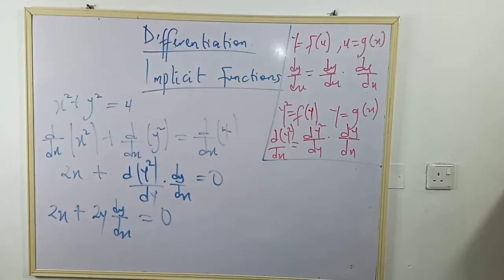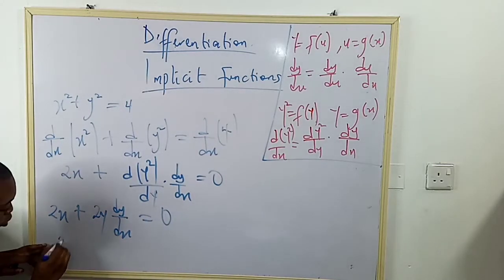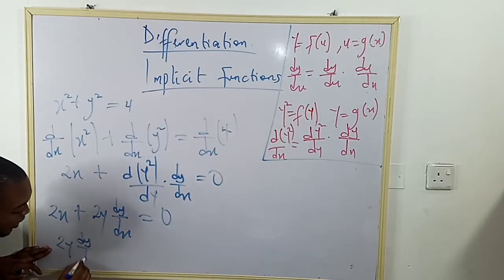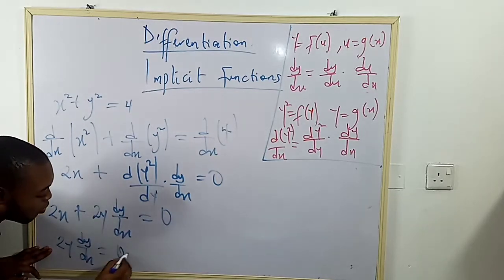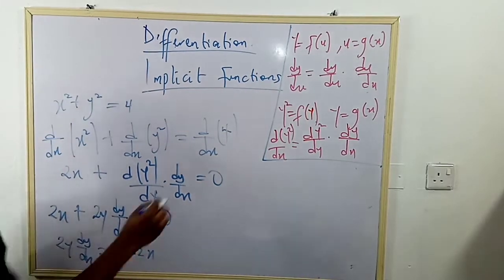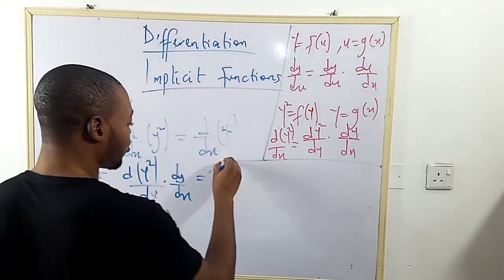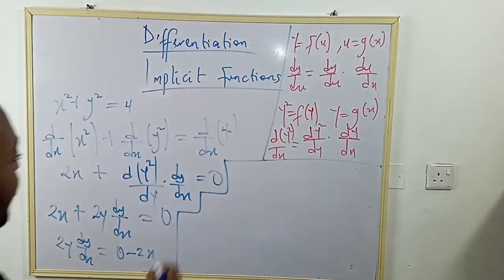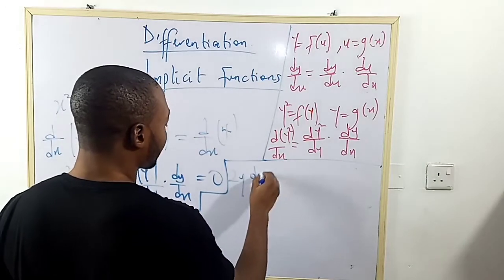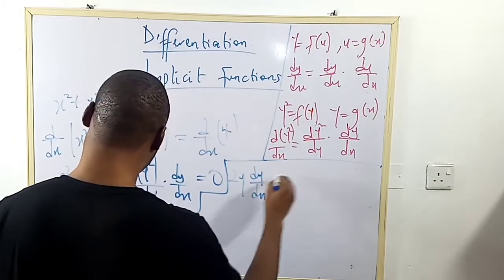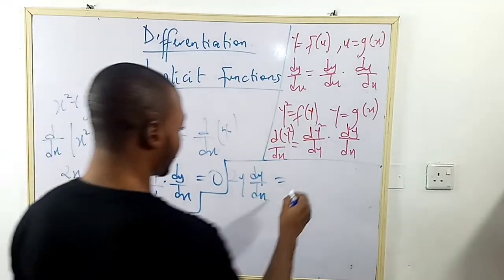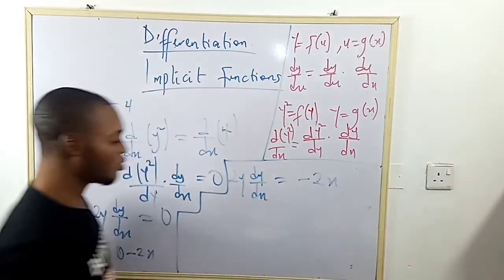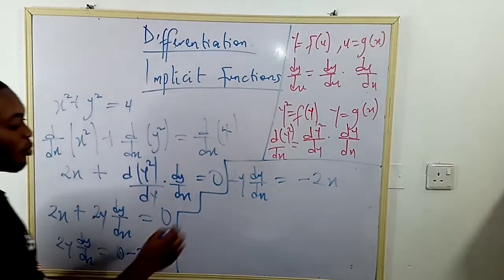So the next thing now is that you make dy/dx the subject of the formula. So from what we have here, 2y dy/dx will be equal to 0 minus 2x. You got it? Minus 2x. So from here, you divide both sides by 2y.